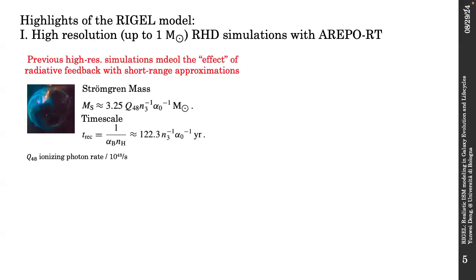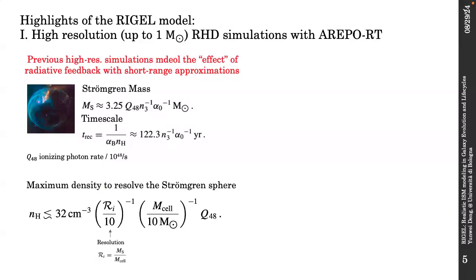Also, more importantly, these two scales are both inversely proportional to the density, where the stars are all formed in very dense gas. So this equation tells us typically we can only resolve the initial Strömgren sphere of an individual star if the density is smaller than 32 per cc.